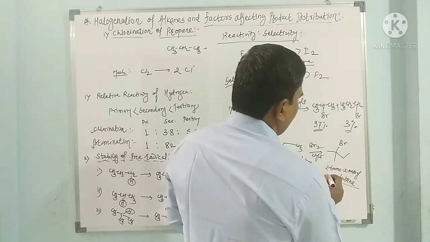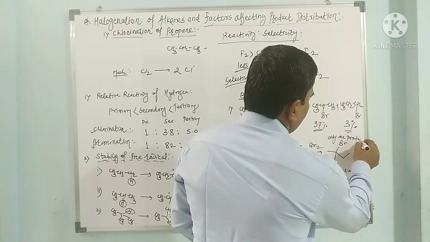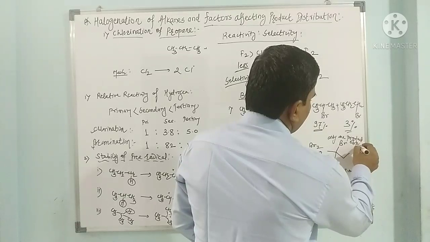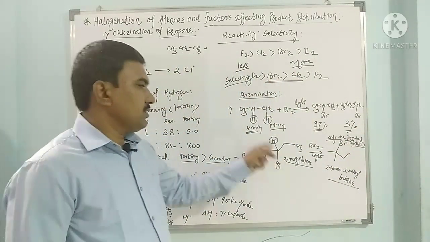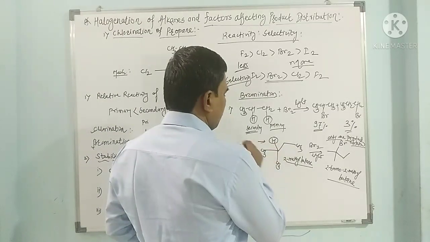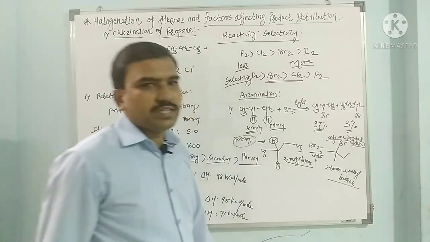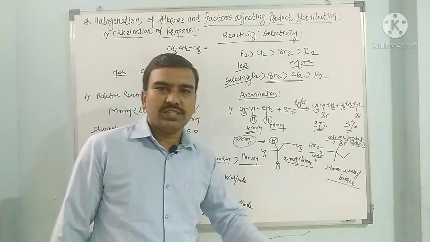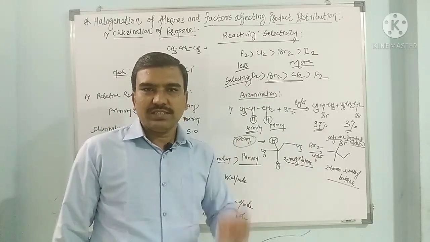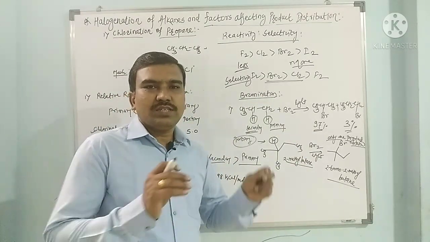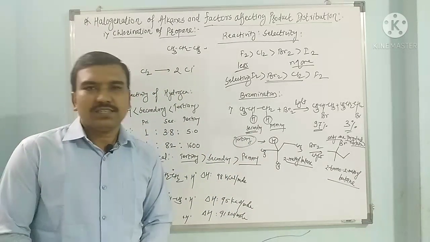Only one product is obtained at this tertiary proton. Why? Because it is a tertiary proton. So the selectivity of the tertiary proton during bromination is very high. From this example we can easily understand that the bromination reaction is very selective.